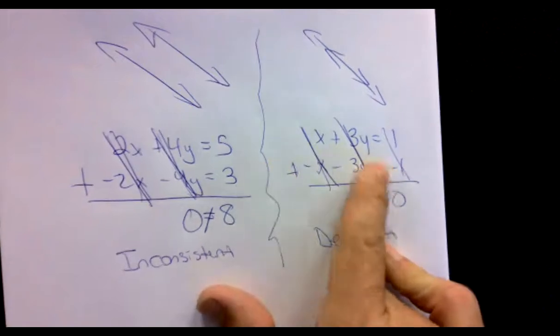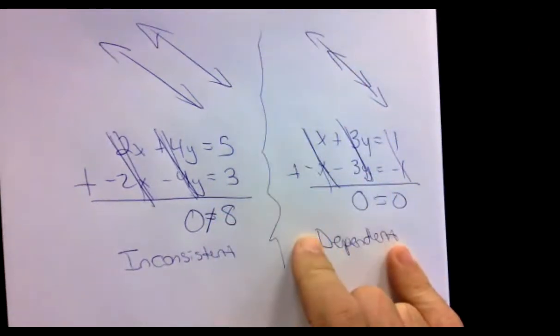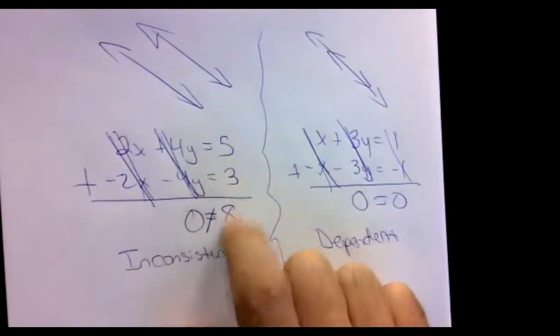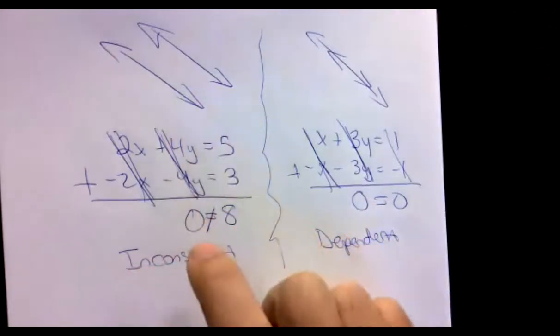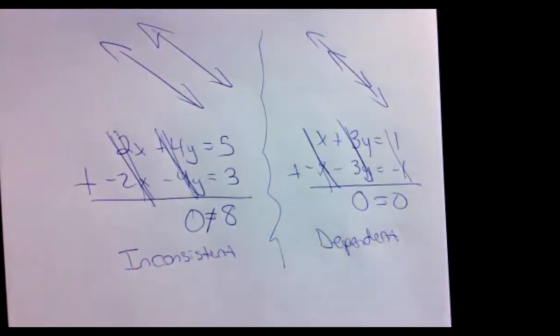Again, if everything cancels, exact same line, dependent. If your constants do not cancel, parallel lines, inconsistent. But like I said, most of the time you're going to get a singular x and y solution. And in fact, most of the time they will be pretty little whole number answers.